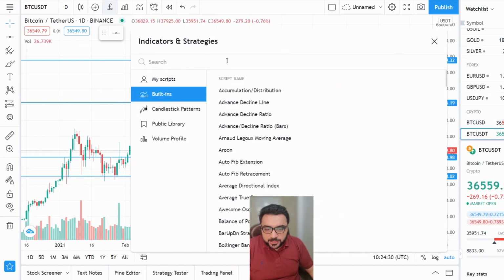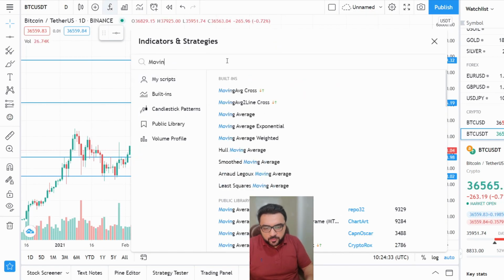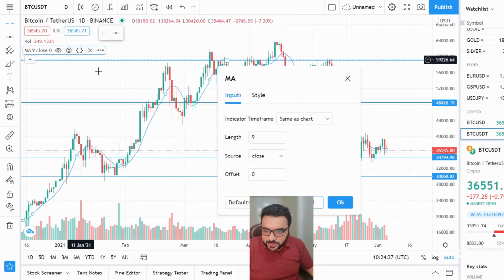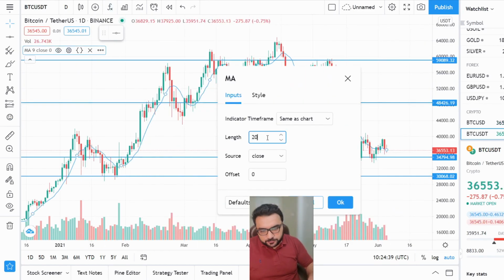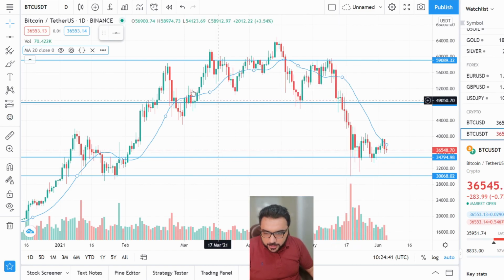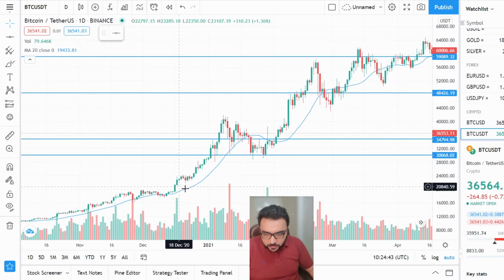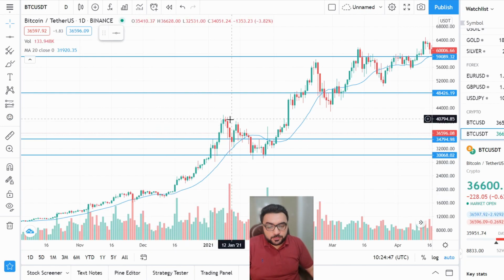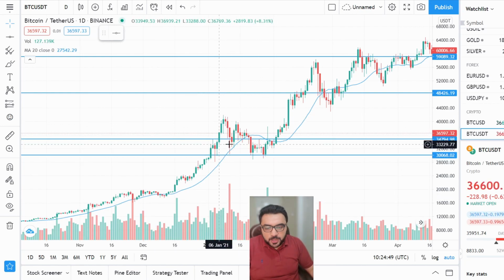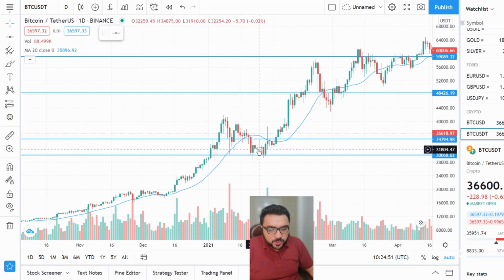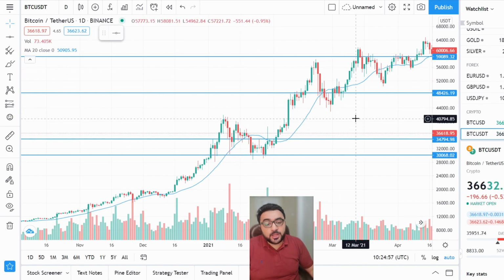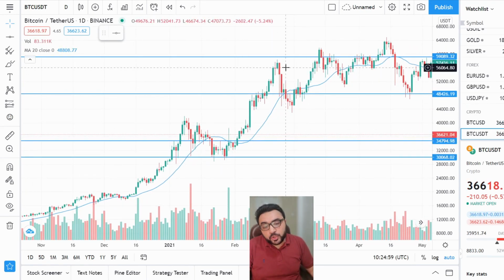So let's just complete our example with moving average and changing that to 20. And we'll see similar trends. So this MA20 acting as a support, huge breakout, right? And then some sell-off, and then somewhere MA20 becoming a resistance, some consolidation, and then again MA20 acting as a support, a huge breakout.